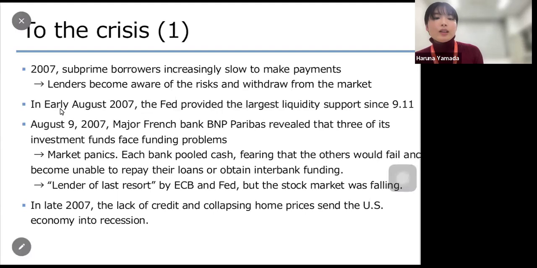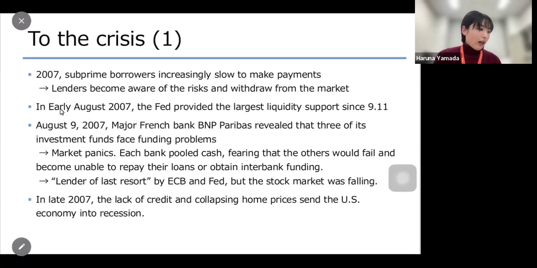On August 9, 2007, the major French bank BNP Paribas revealed that three of its investment funds faced funding problems. Then the market panicked. Each bank accumulated cash, fearing that other banks would fail and become unable to repay their loans, or that it would be hard to obtain interbank funding.